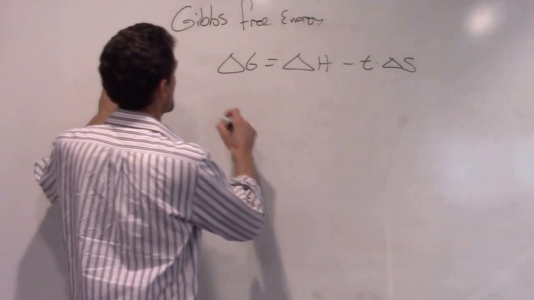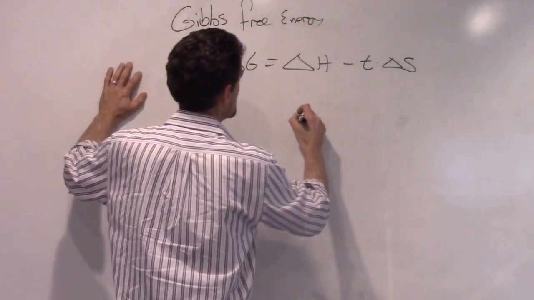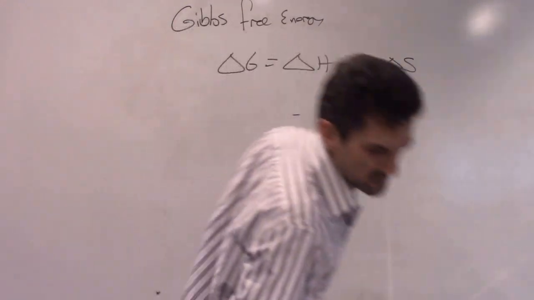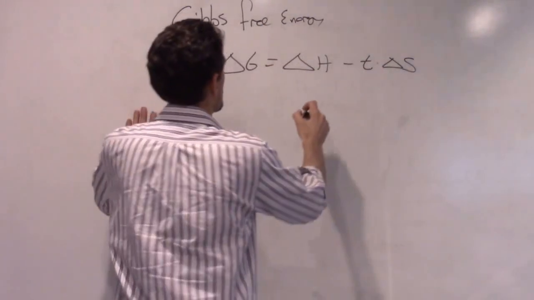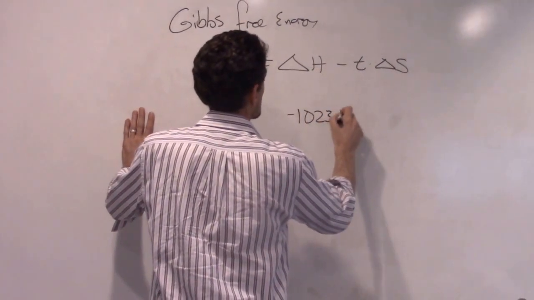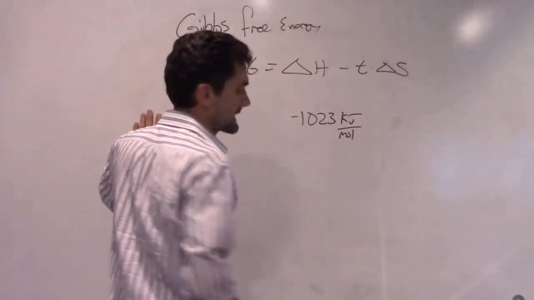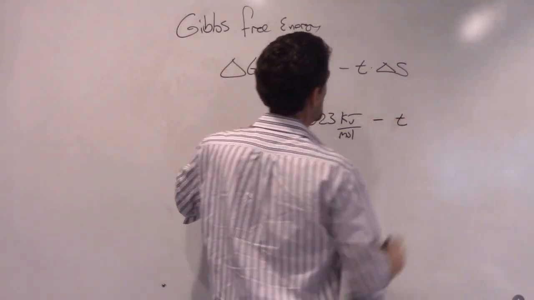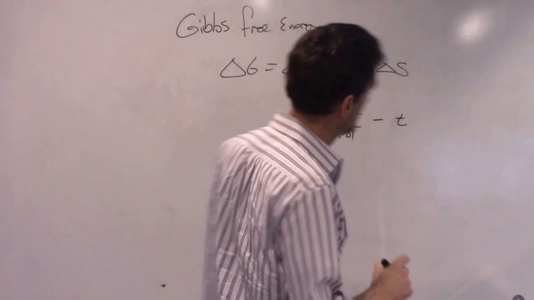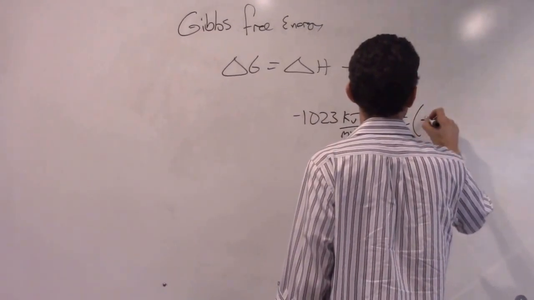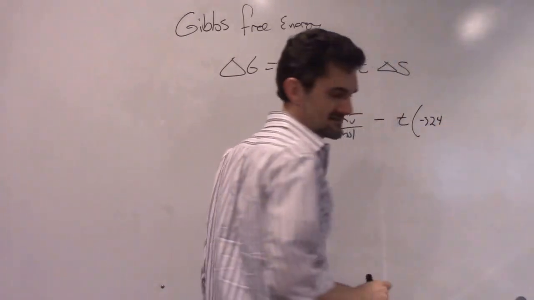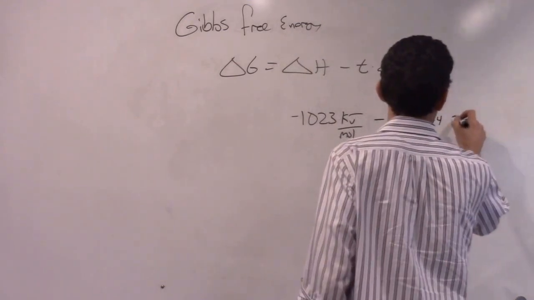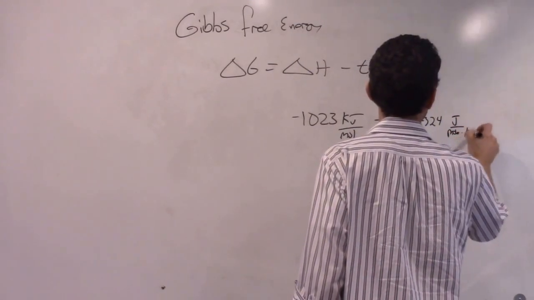All right, so we don't know what delta G is. We know delta H of the reaction is negative 1023 kilojoules per mole, minus T, which we don't know, but we do know delta S: negative 324 joules per mole degree Kelvin.